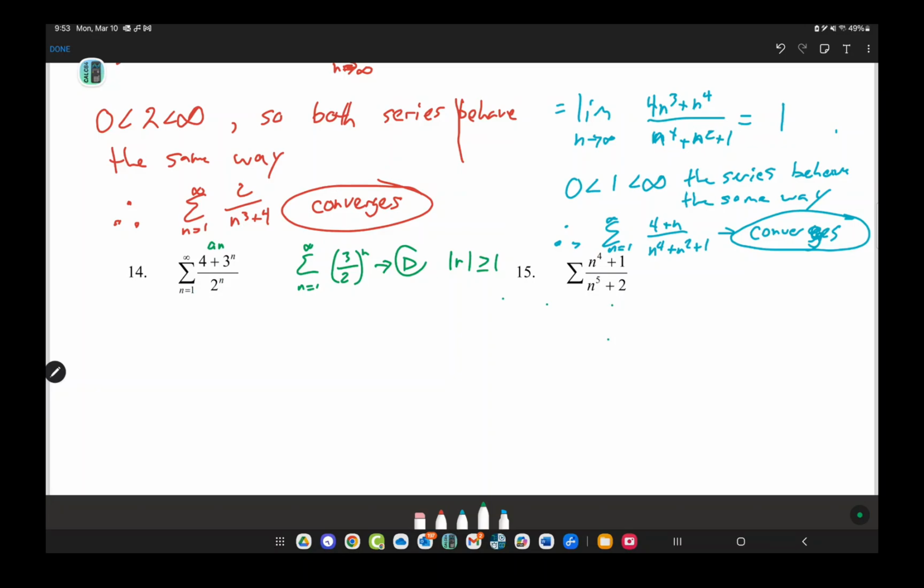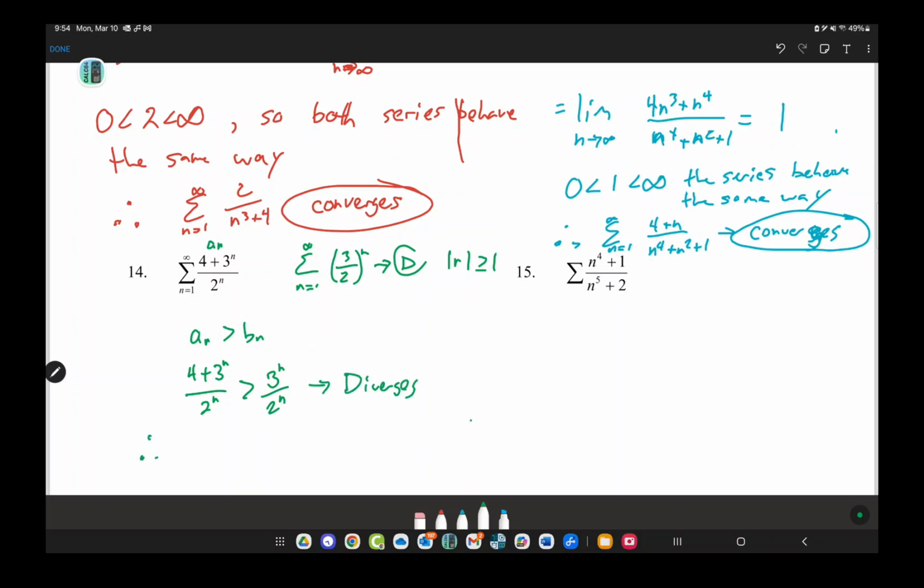And since A of n is greater than B of n for all n, 4 plus 3 to the power of n over 2 to the power of n will always be greater than 3 to the power of n over 2 to the power of n, which we know diverges.